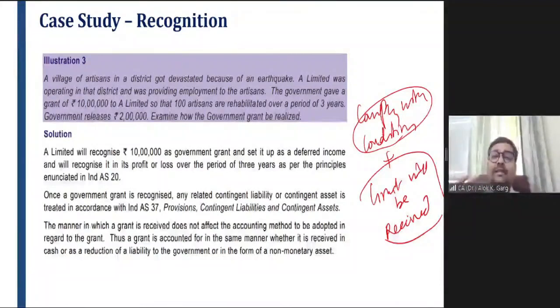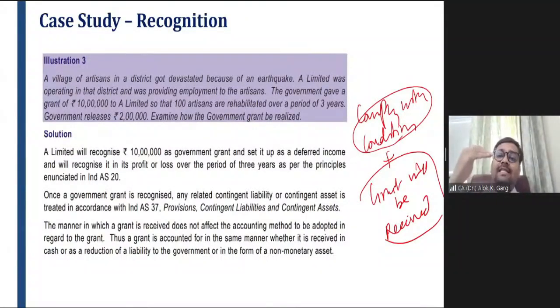So guys, it has to be recognized over a period of 3 years, and the accounting entry will be bank account debit 2 lakh rupees to deferred grant 2 lakh rupees. Second entry: bank account debit 2 lakh, grant receivable 8 lakh, to deferred government grant 10 lakh. Okay, understood?